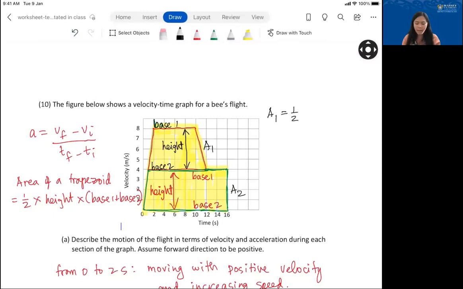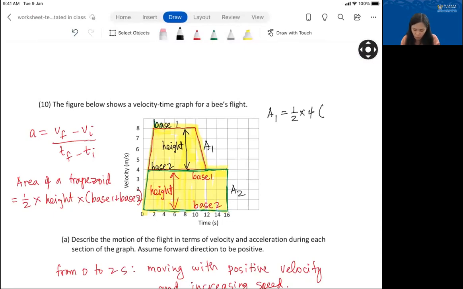That will be 1/2 times the height. The height goes from 4 to 8, so that will be 4 meters per second, times base 1 plus base 2.